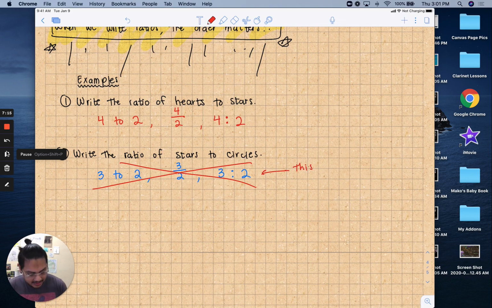Instead, we'll say that this is the ratio of circles to stars. Like I said, folks, the order in which you write the numbers matters.